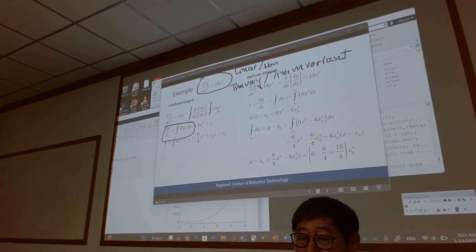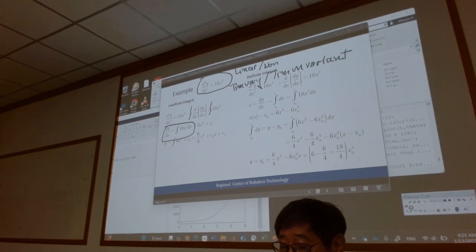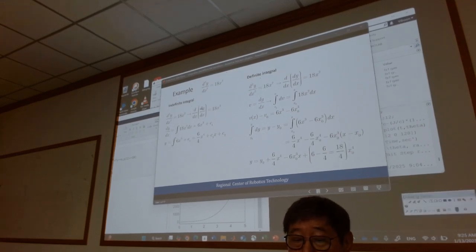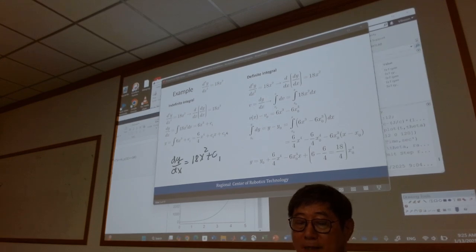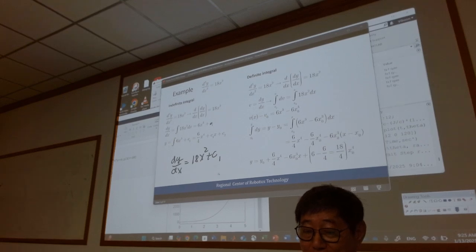If you do this, you have dy/dx plus x squared plus c1, let's say, plus c0. Because it's indefinite, you have dy/dx equals 18x squared dx, integrate.